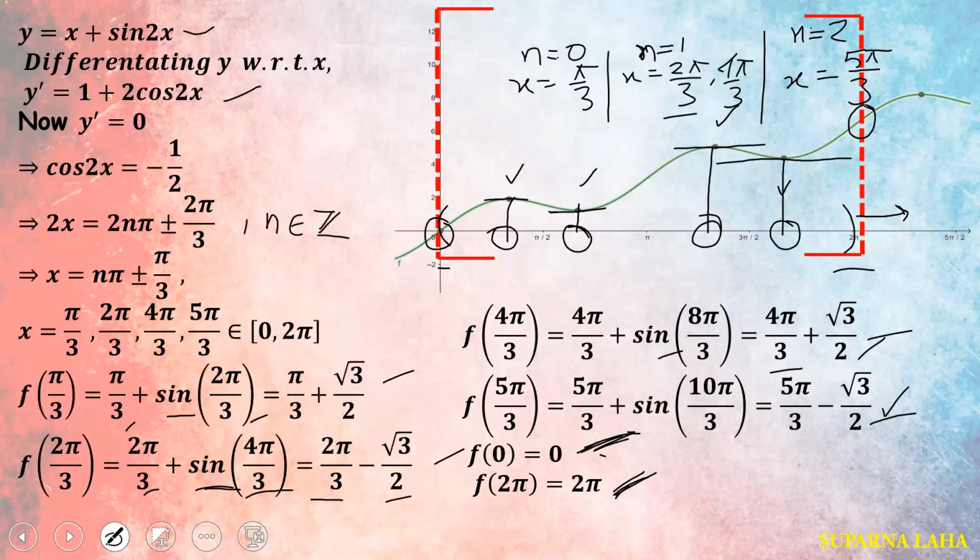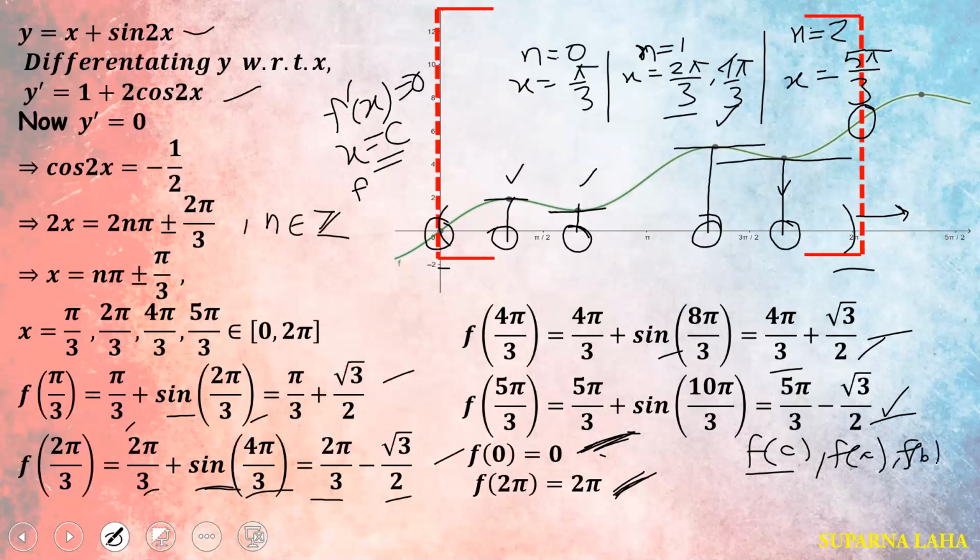So for that, we just need to check the first derivative, find where it is 0 to get the critical point, and check the functional value f of c at this critical point, and also at the first point and the end point of the closed interval, that is f of a and f of b, if the interval is a comma b, closed interval.